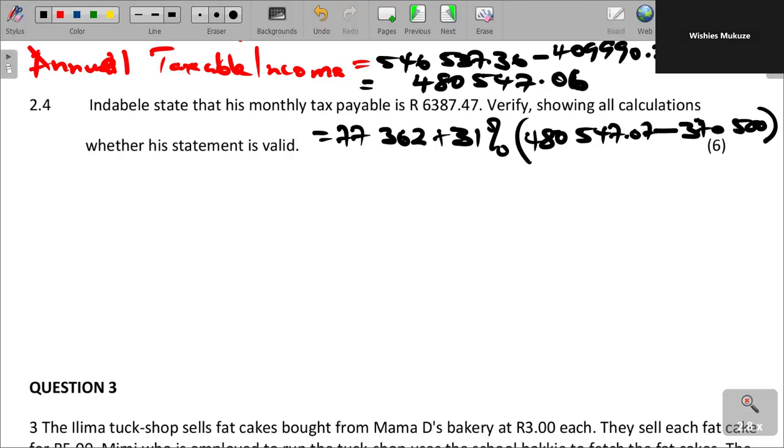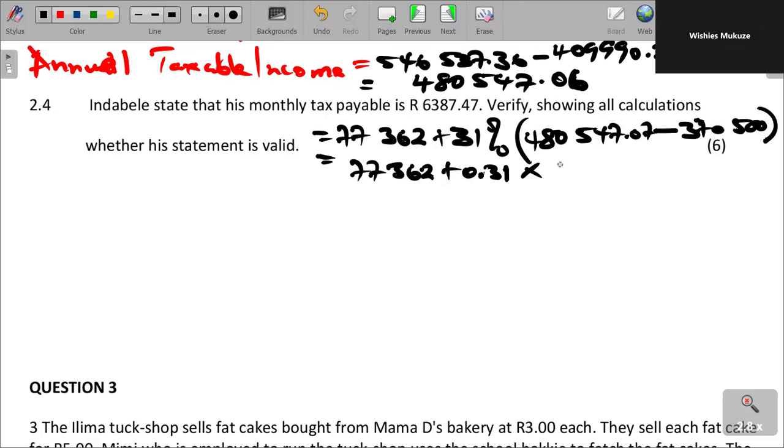We make 31% a decimal, 0.31, and multiply it by that difference.